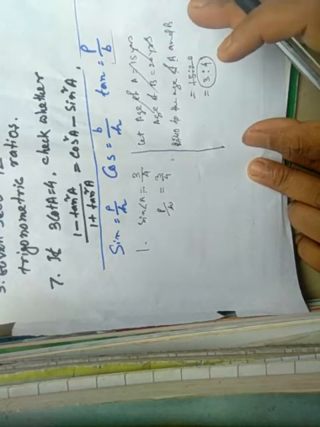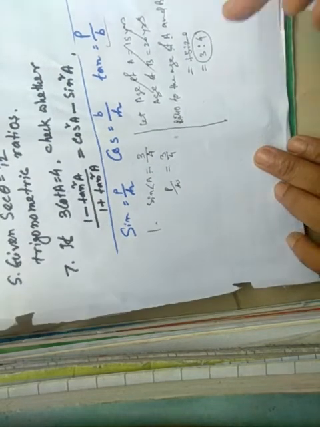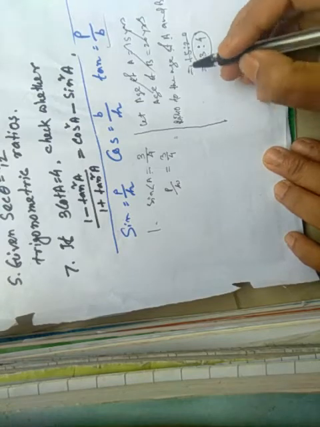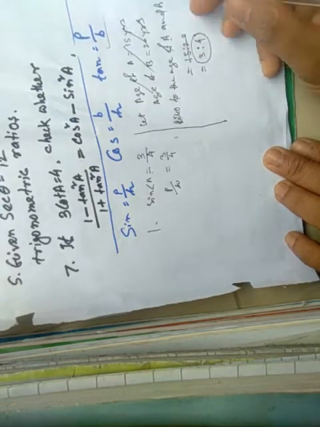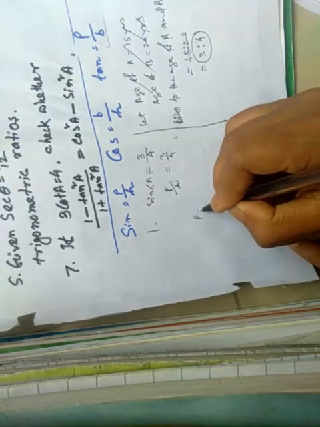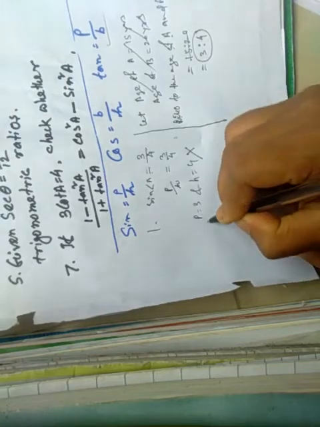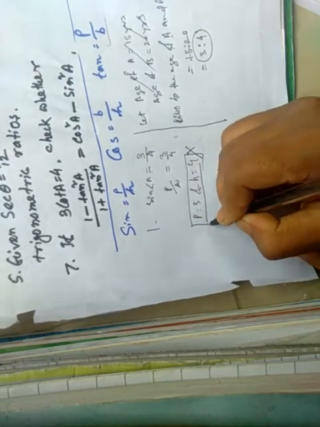It is not correct. Similarly, p equals 3 and h equals 4 is also not correct.